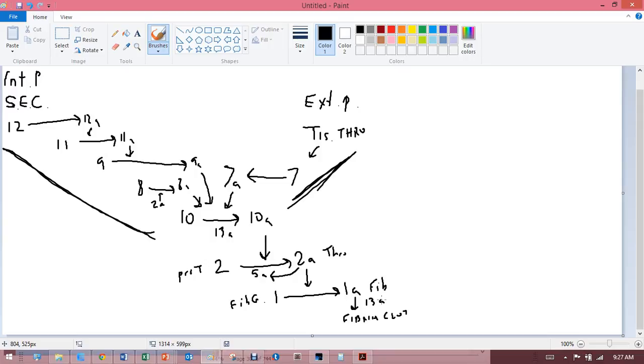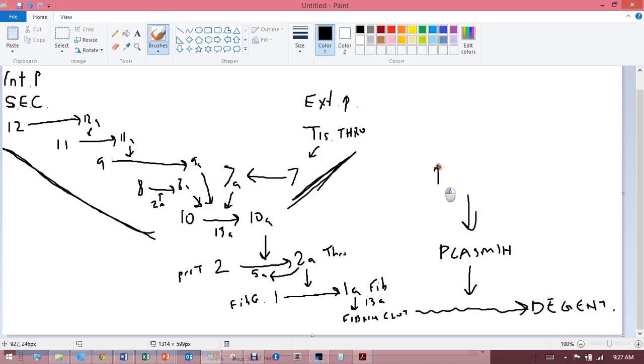And the fibrin clot is then broken down into degenerative particles, degenerated by plasmin. And plasmin used to be plasminogen until tissue plasminogen activator changed plasminogen into plasmin. And then you get these fibrin degeneration products. So that is the breakdown of this whole thing.